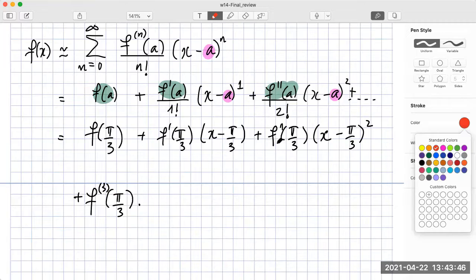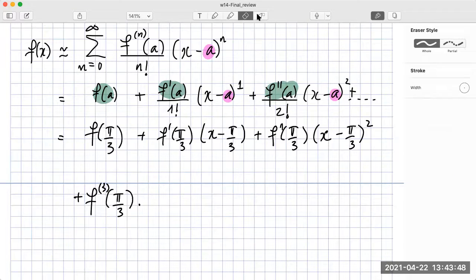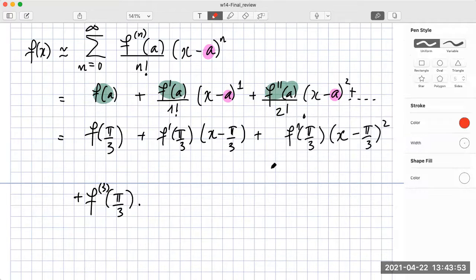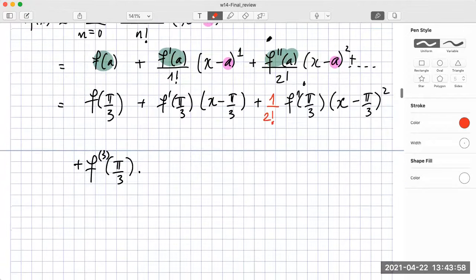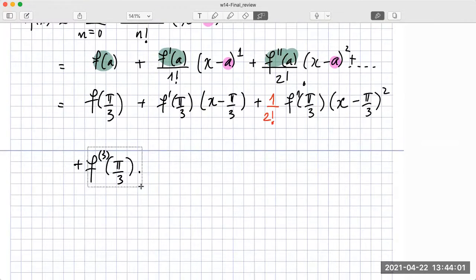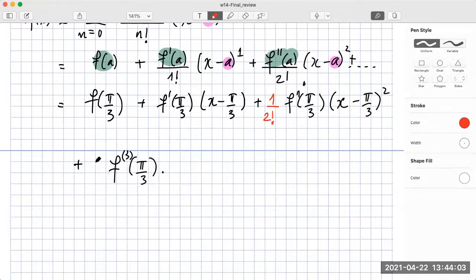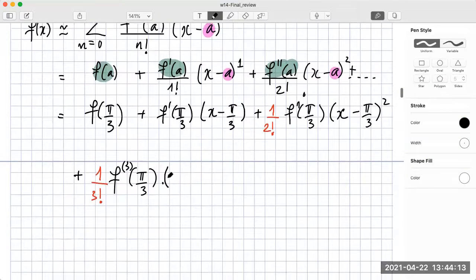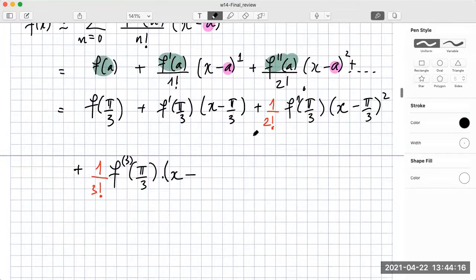Remember, it should be one over 2 factorials here, one over 3 factorials here. And let us continue. Here it will be x minus pi over 3 cubed, right?